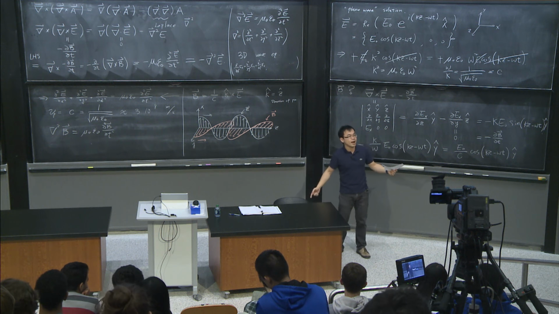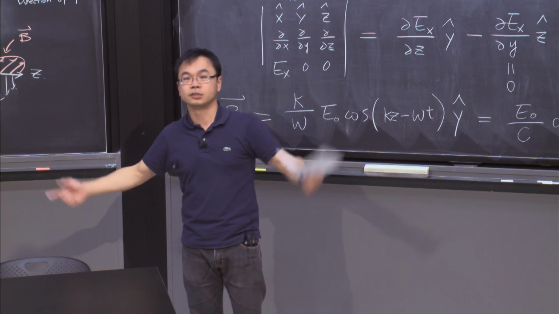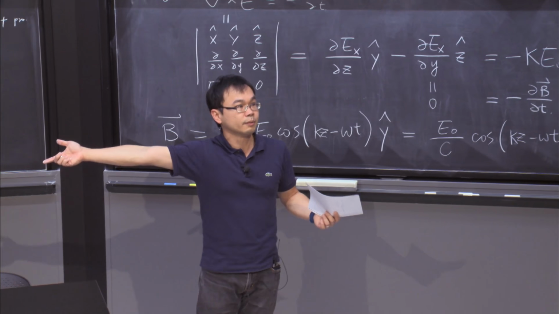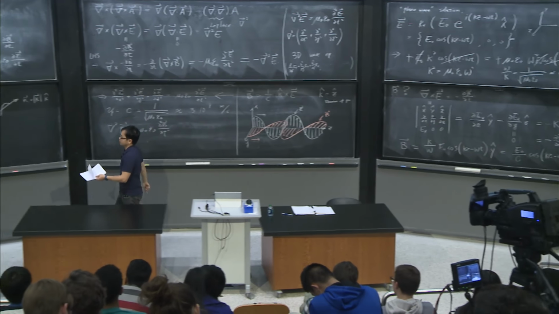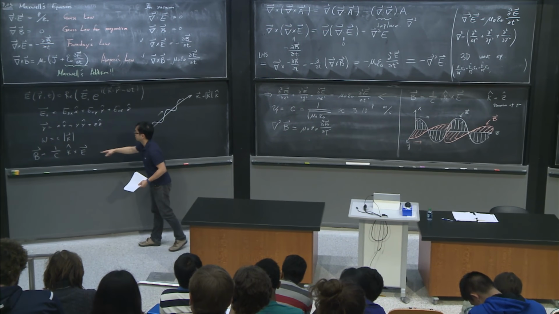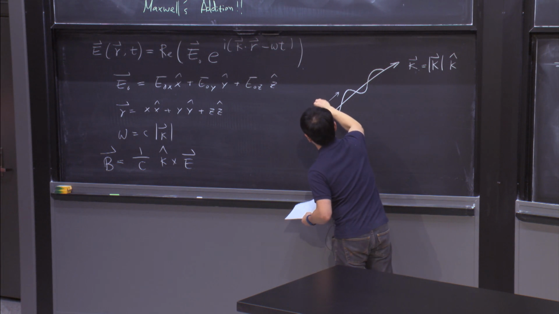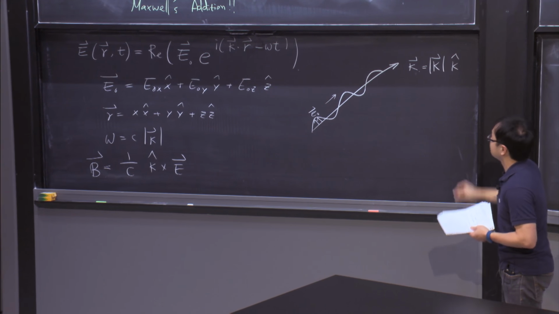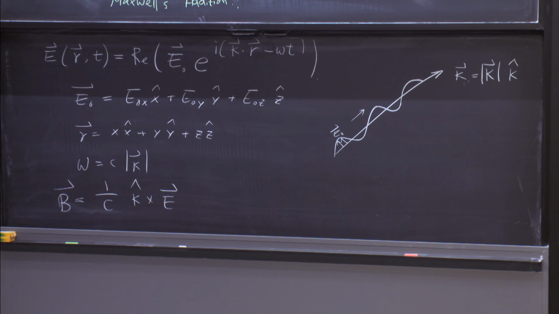We can always redefine a coordinate system, right? Basically, we can rotate this coordinate system, and the physics should not change, right? Therefore, this expression must still be valid, and also the direction of the electric field, which is proportional to E0, must be perpendicular to the direction of propagation, okay?